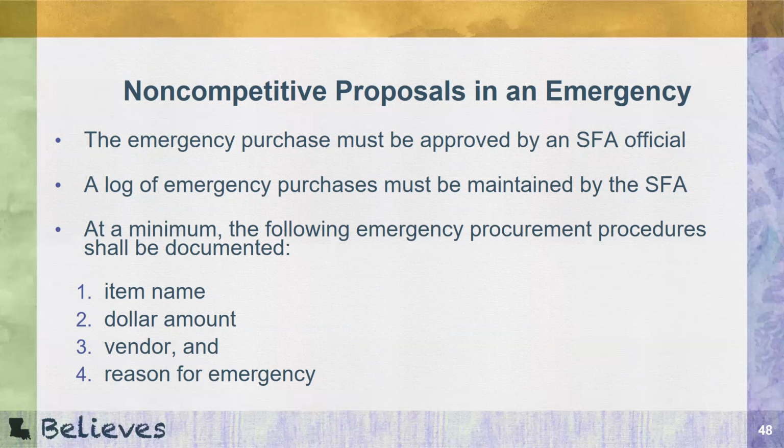And at a minimum, make sure you maintain the item name, the dollar amount, the vendor, and the reason for the emergency. If your normal vendor can't provide the item, also make sure you add that documentation for the reason for the emergency procurement.